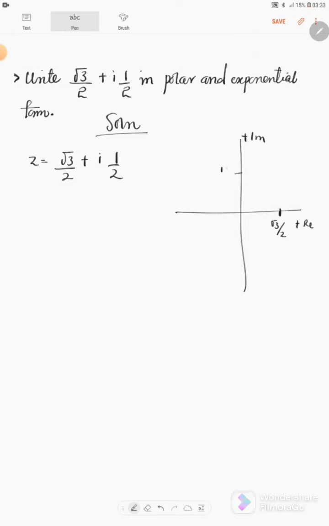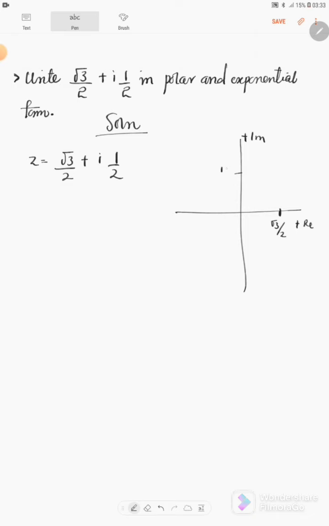Okay, I think I made it clear how to solve complex numbers in conversion of rectangular form to polar and exponential form. I think I've made judgment to that aspect.